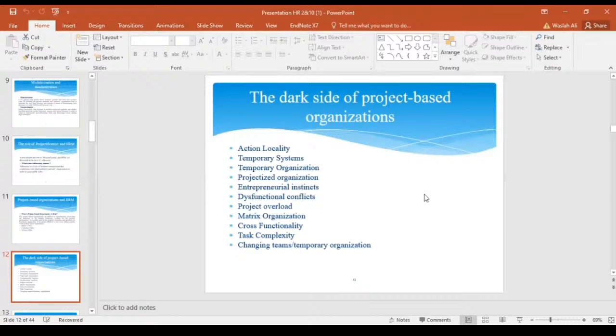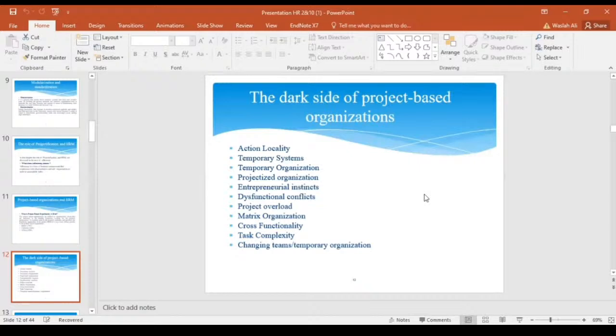Projectized organization works by carrying activities into portfolios and programs and executing them through projects. In this type of structure, the project manager is the final authority over the project, and the team working on the project reports solely to the project manager.